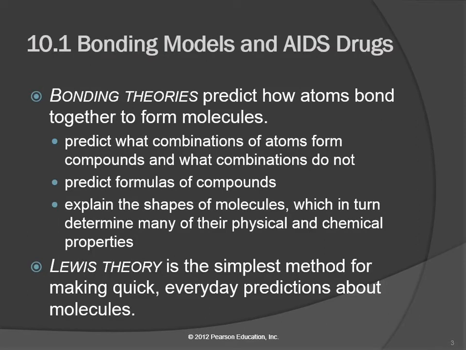Bonding theories, bonding models predict how atoms bond together to form molecules. And they're going to predict also some of the reactions that occur. So these bonding theories help us understand which combinations of atoms form compounds and which do not. I often say that atoms are like Lego bricks.